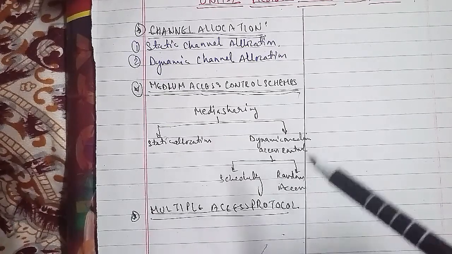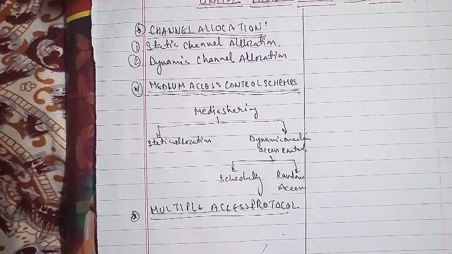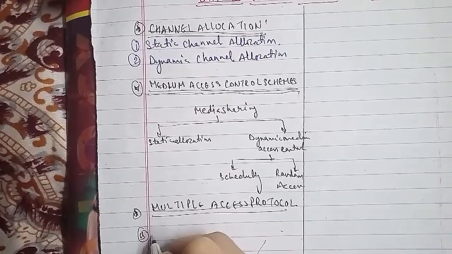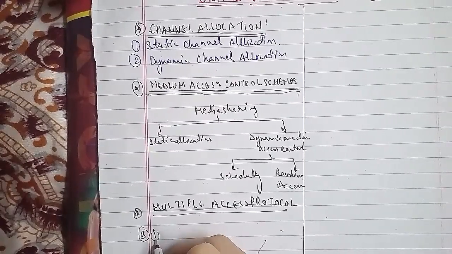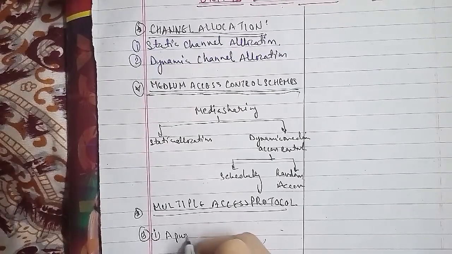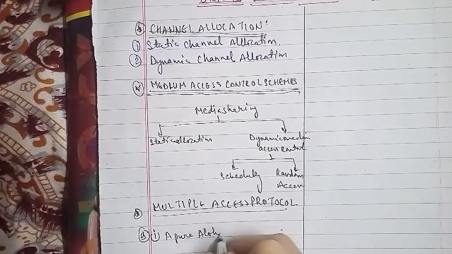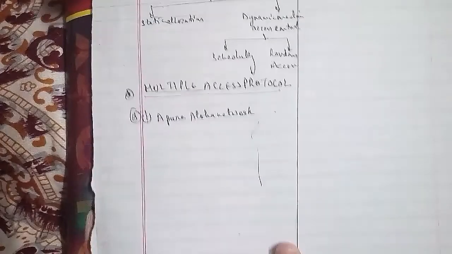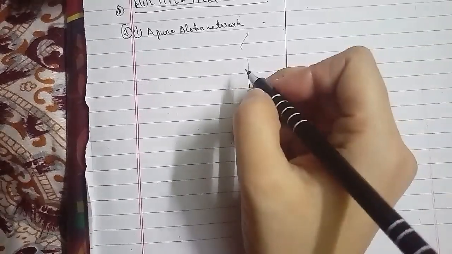So let's do this in two parts, so that we can discuss it. A pure Aloha network transmits 200-bit frames on a shared channel of 200 kbps.